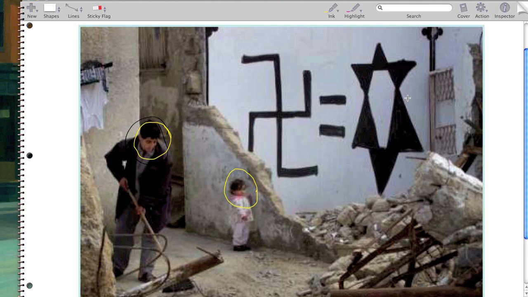But what I would like you guys to start thinking about is, what does this picture show us about the Holocaust? And I think the first thing that people look at is this swastika equals the Star of David.